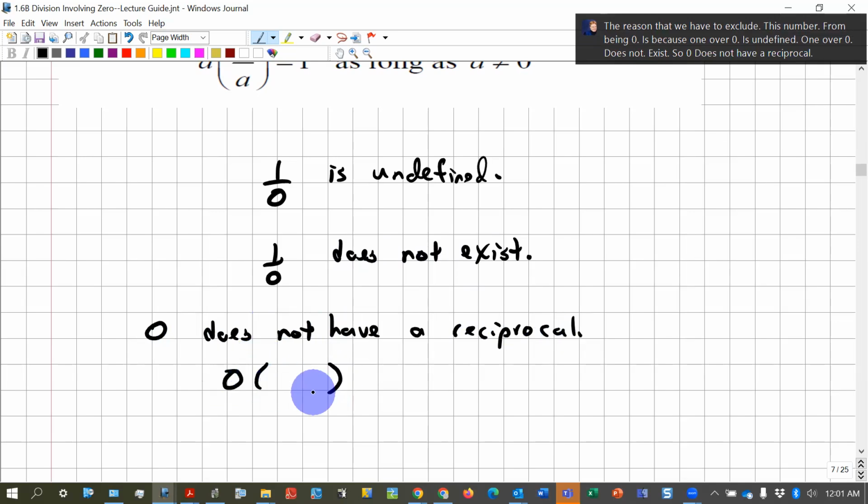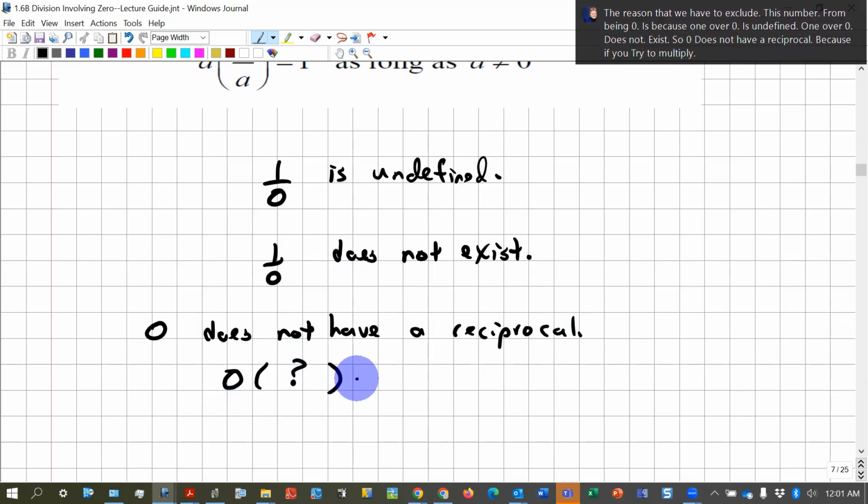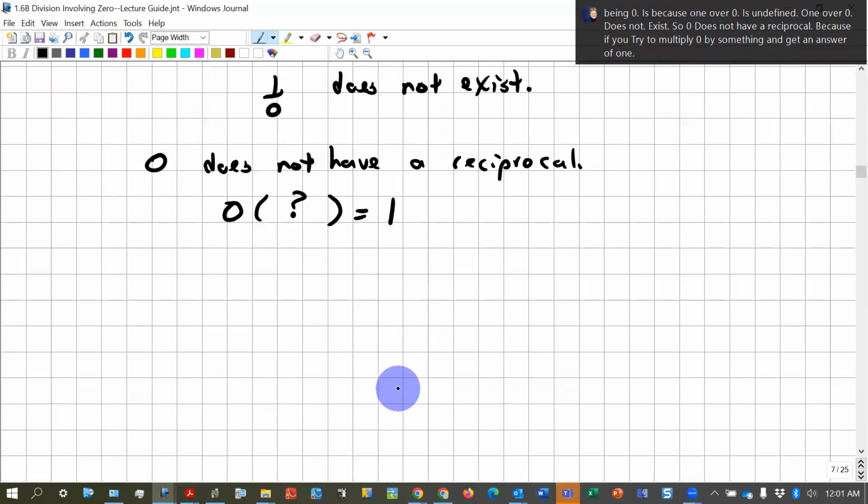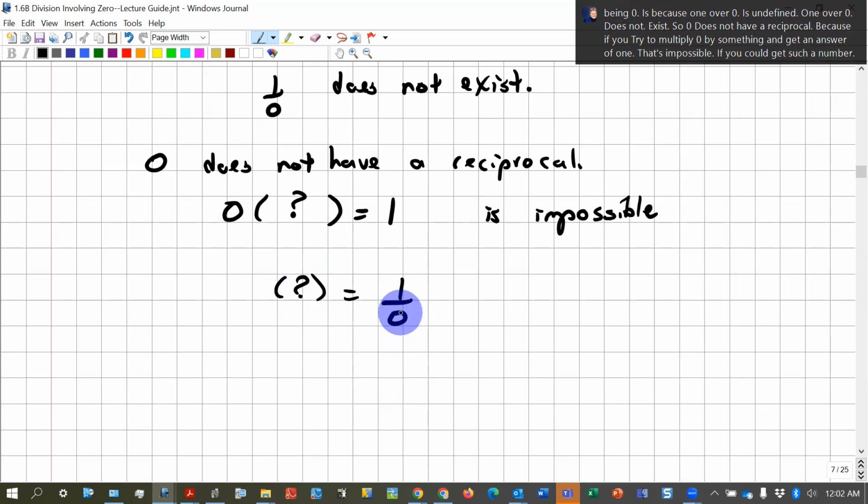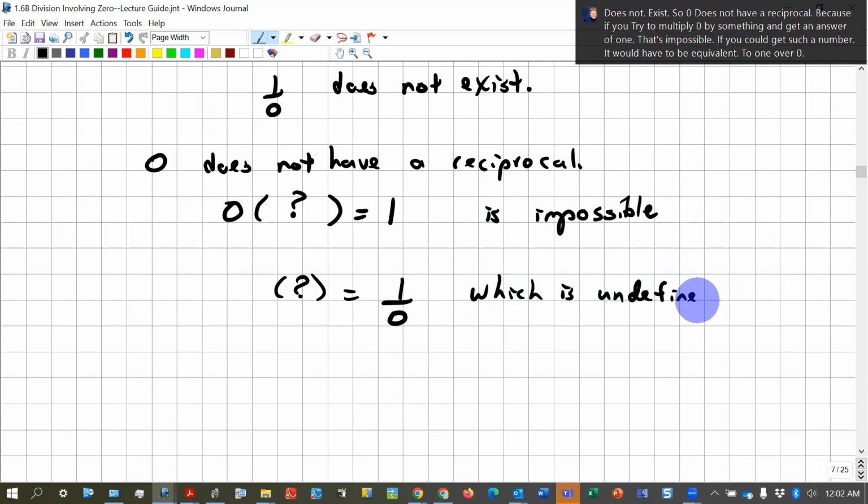Because if you tried to multiply 0 by something and get an answer of 1, that's impossible. If you could get such a number, it would have to be equivalent to 1/0. But that's undefined.